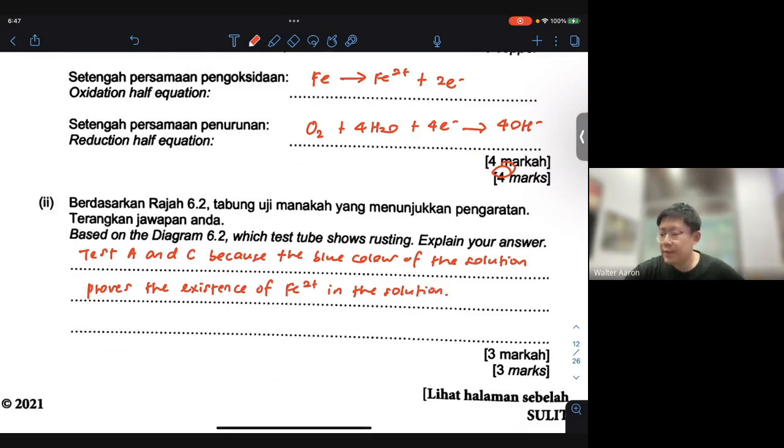Then you say here iron is in contact with a less electropositive metal.